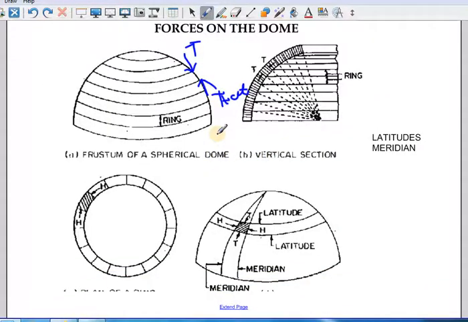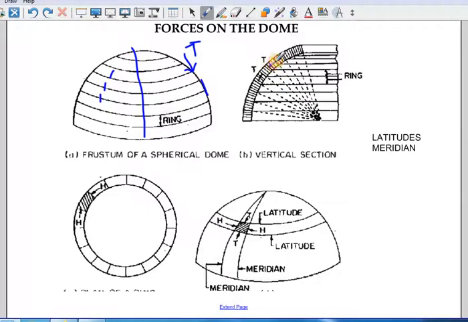T plus dt will be there. You can see here these are all the horizontal rings, because, as I told you, this load is transferred to this one, and here to here, here to here, it goes like this, it comes down, and from this it is transferred to the ring beam. If I take a section here like this, it looks like this.